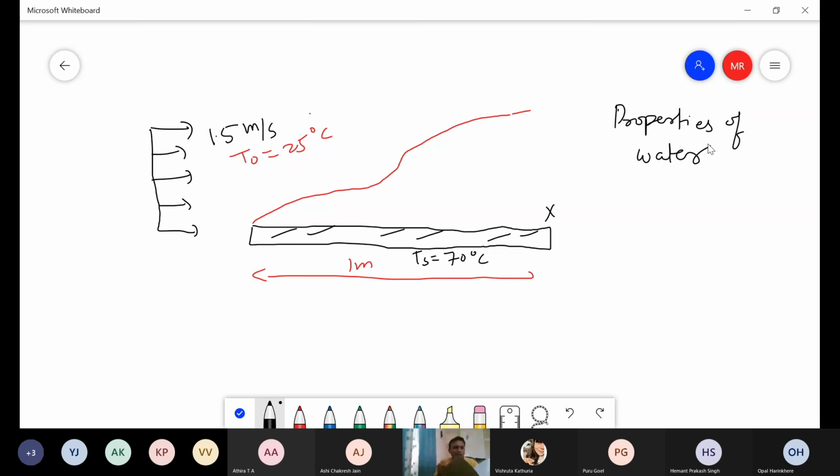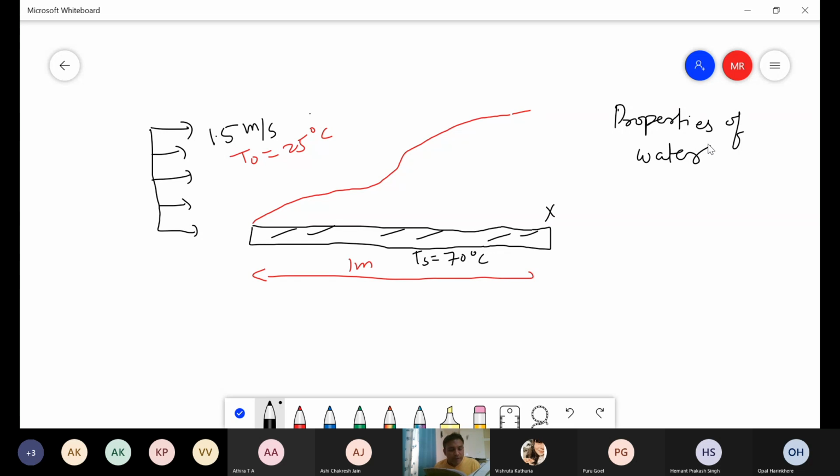If you look at the back side of the book, the properties of the water are given, and water as well as air are both given at page numbers 518 and 519. So at page number 518 the properties of air are given, whereas at page number 519 the properties of water are given, isn't it? Again, in the properties of air there is one more mistake in the table.